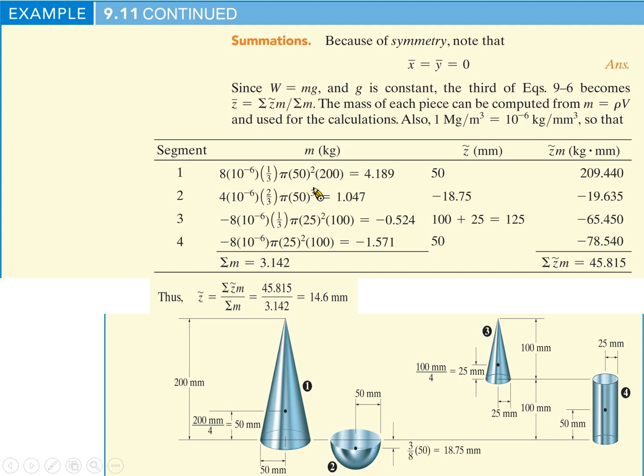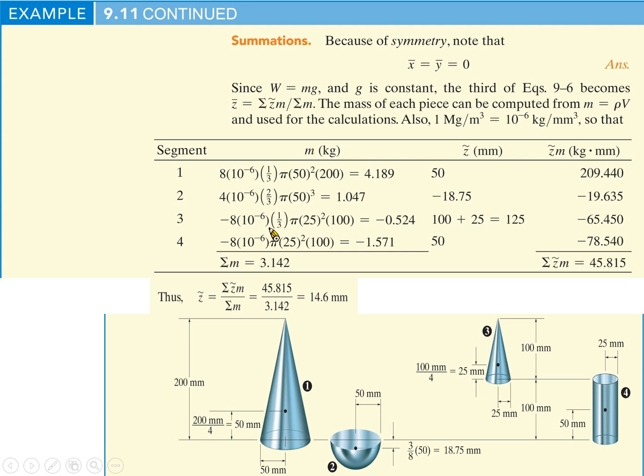That's the formula for a hemisphere, and this part is the density for the hemisphere. So we work out the mass, which is here, and the z value is negative because we define 0 as the interface between the cone and hemisphere.